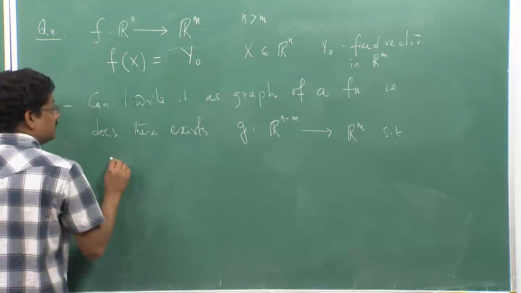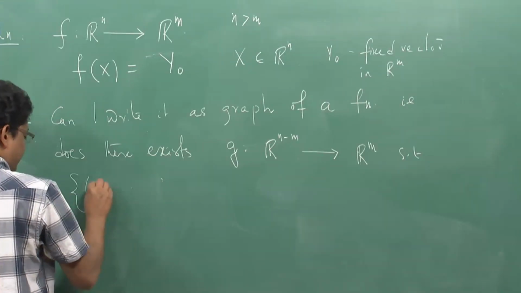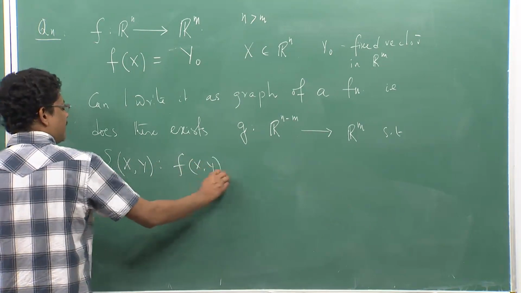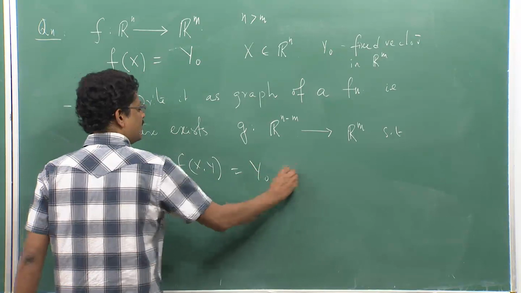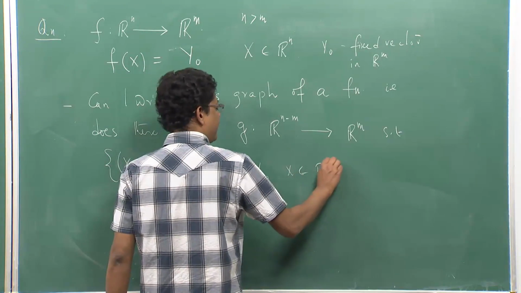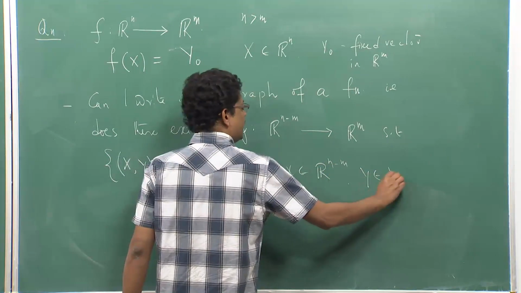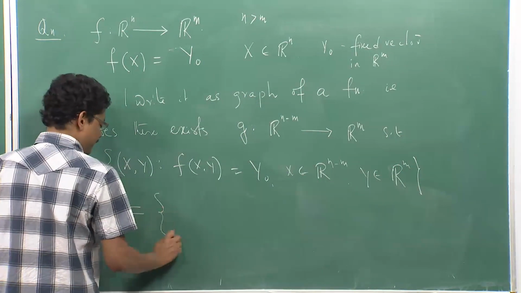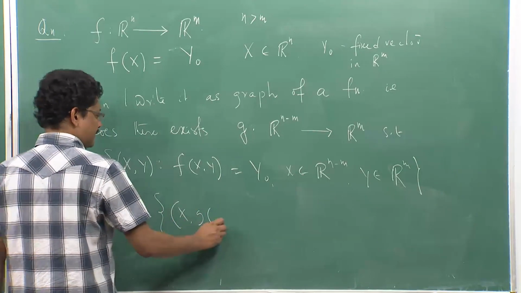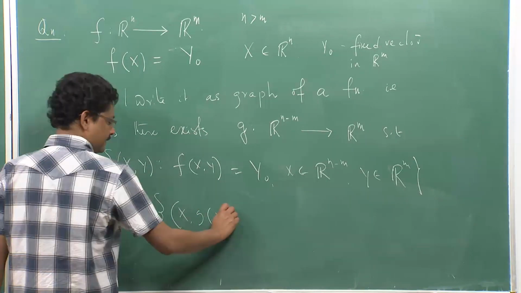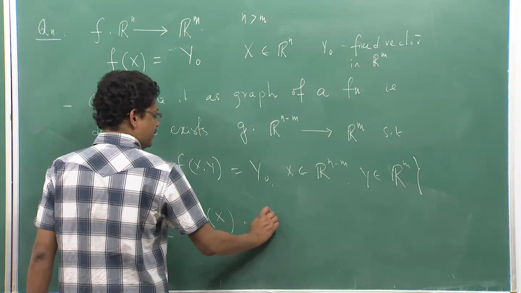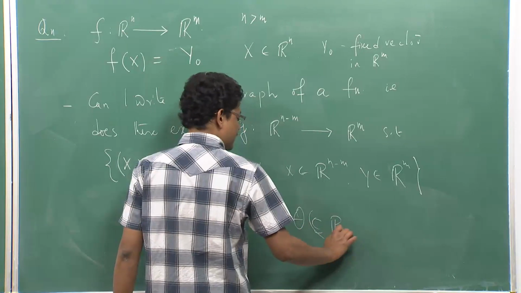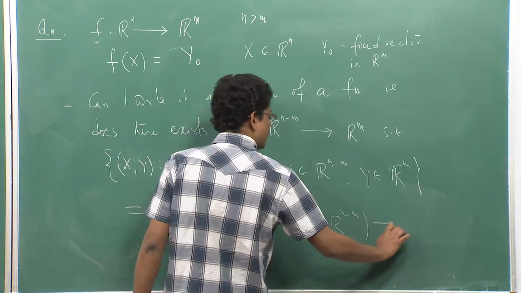such that this set of points (x, y) with f(x, y) = y naught, x in R^(n minus m), y in Rm, is equal to (x, g(x)) for some g on some interval theta in R^(n minus m) to Rm.